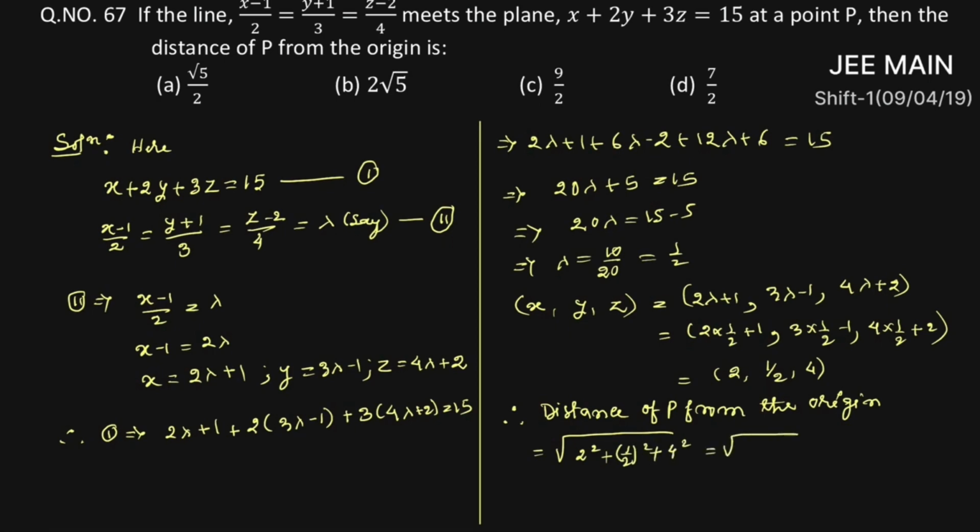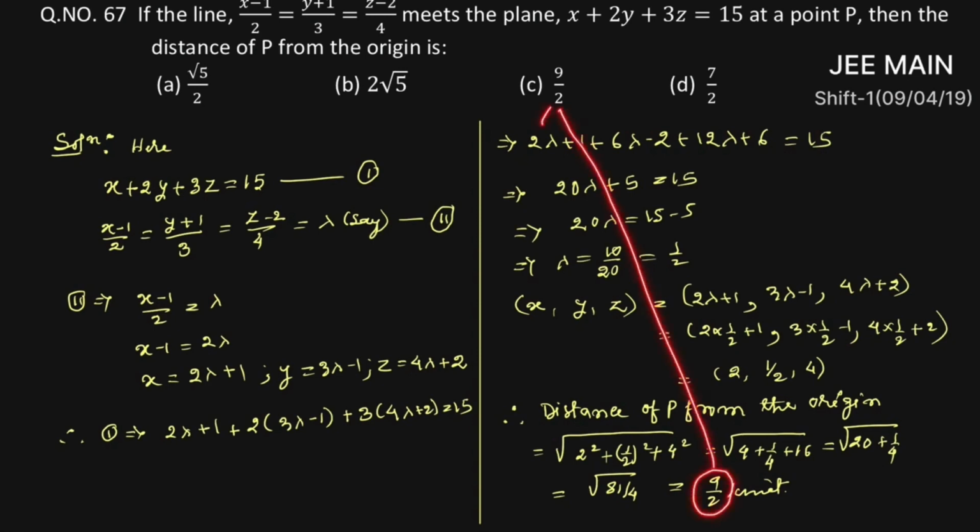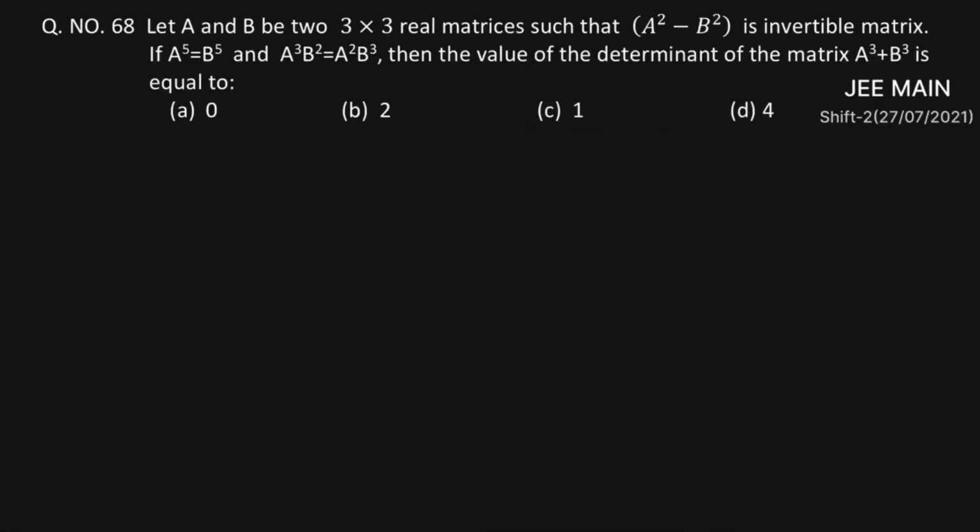We will get root over 4 plus 1 by 4 plus 16, which is equal to root over 20 plus 1 by 4, which is equal to root over 81 by 4, which we are able to write as 9 by 2 units. So 9 by 2 is our answer. Option number C is the correct option.